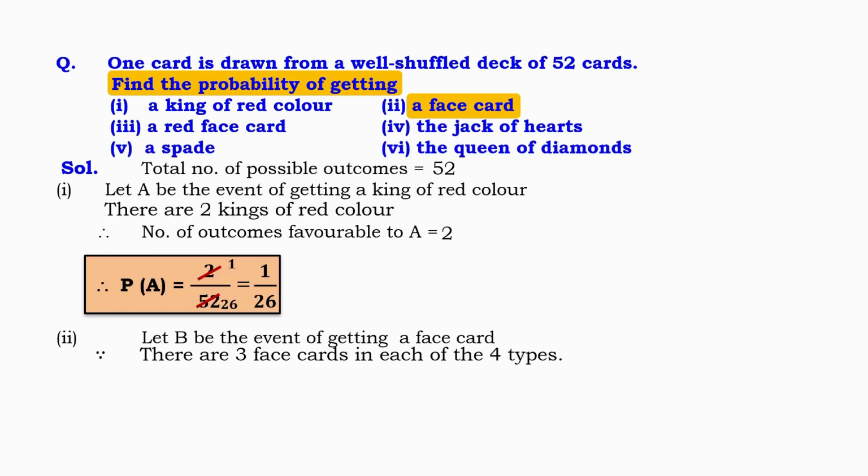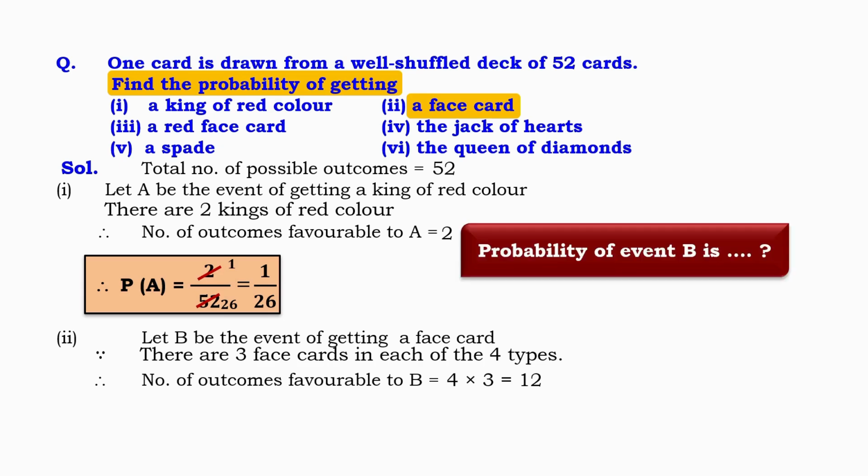So the number of outcomes favorable to B will be equal to 4 into 3, that is 12. So the probability of event B is equal to 12 by 52. Now if you simplify, we will get 3 by 13.